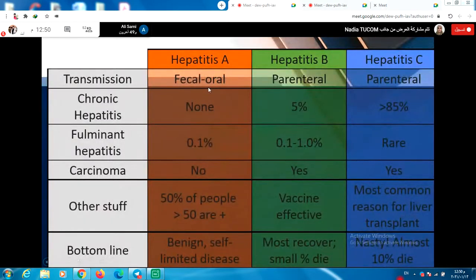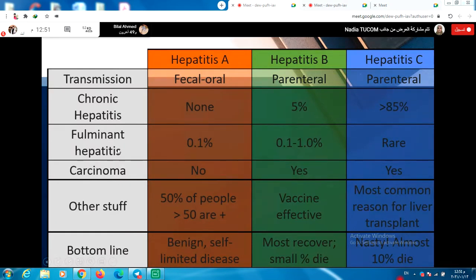This is a table to show you the types of hepatitis, hepatotropic viral infection, and courses: hepatitis A, B, and C. Transmission, chronic hepatitis: no chronic hepatitis in A, and only 5% of B will pass into chronic, and more than 85% of hepatitis C passes to chronicity.